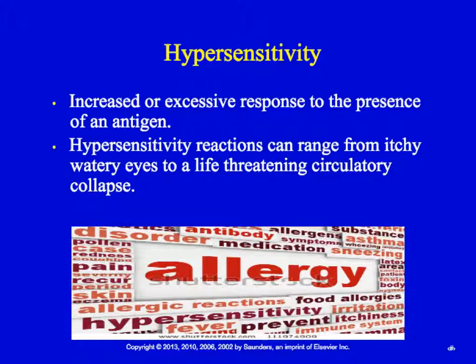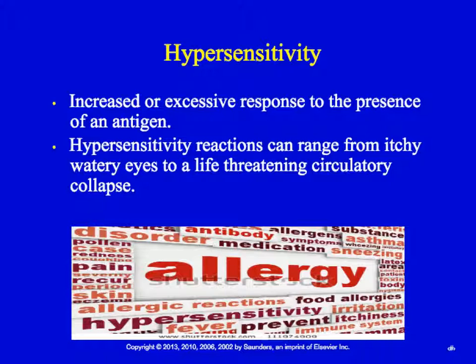There's 5 basic types of hypersensitivities, and those are outlined on page 384 in table 22.1. Type 1 is the immediate reaction, which would be the anaphylaxis. So we'll actually talk about anaphylaxis in the next couple of slides.